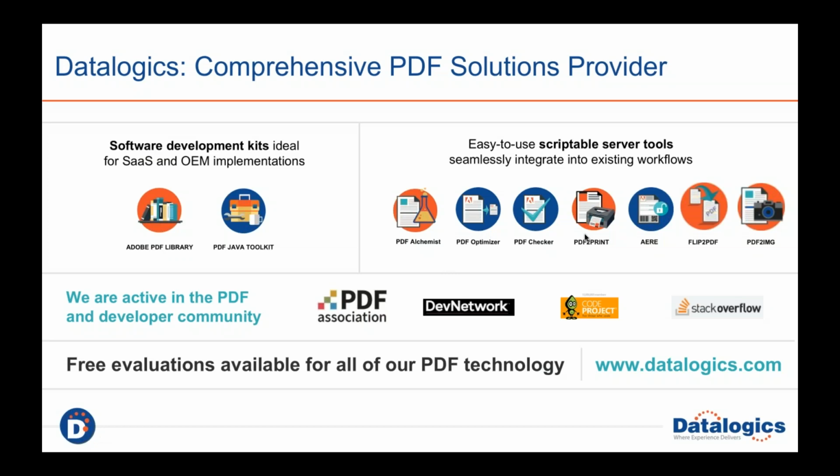PDF to Print is a way of driving printing in a non-attended manner, so you don't have to interact with the printer. You can customize settings to control printing of PDFs. We've also got some technology for Adobe Acrobat Reader extension and for dealing with forms. And then we have a product called Flip to PDF. What this does is it converts Microsoft Office documents like Word, Excel, PowerPoint to PDF.